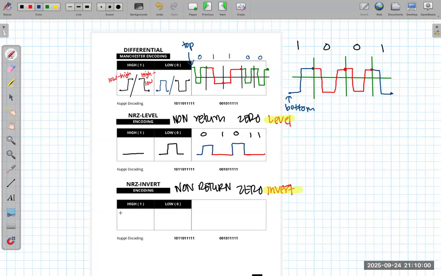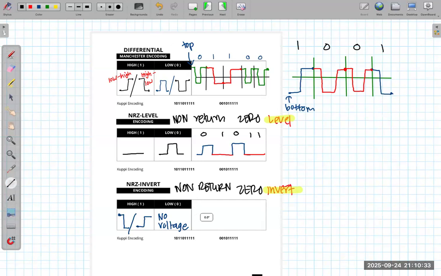If it's a 1 in non-return zero invert, it goes from high to low or low to high. If it's 1 or 0, it will take from high to low or low to high. But if it's a 0, it takes no voltage. It takes it as no voltage. Okay, what do you mean by no voltage?